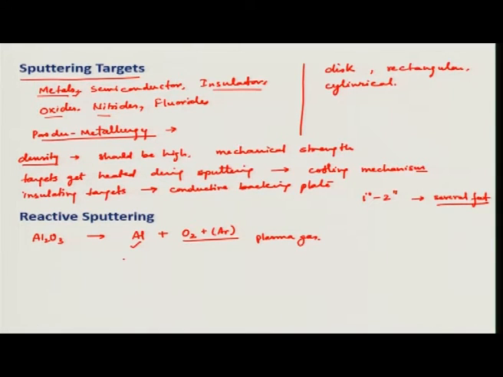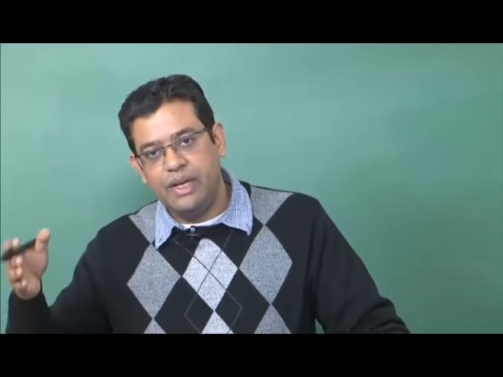So this way you can use reactive sputtering for thin film deposition of oxides, nitrides, carbides, sulfides, etc. Also, even if you start with a target of aluminum oxide, there might be a change in stoichiometry when the thin film is being deposited.